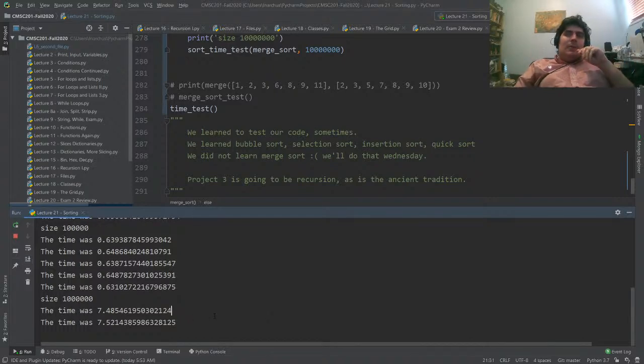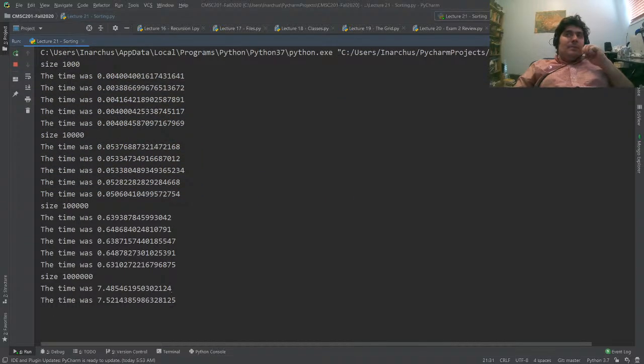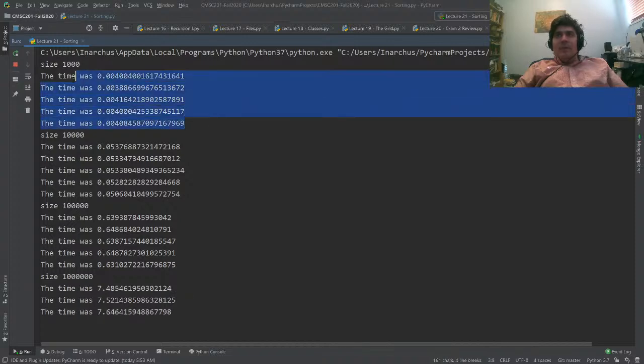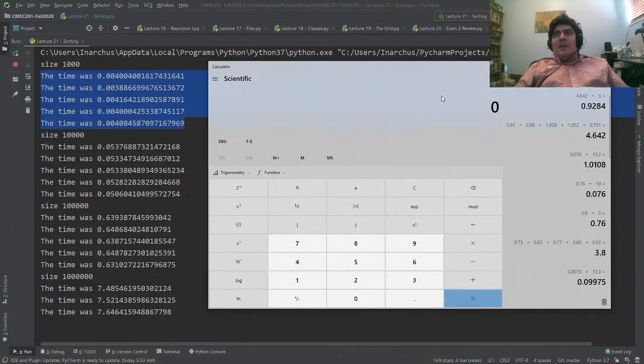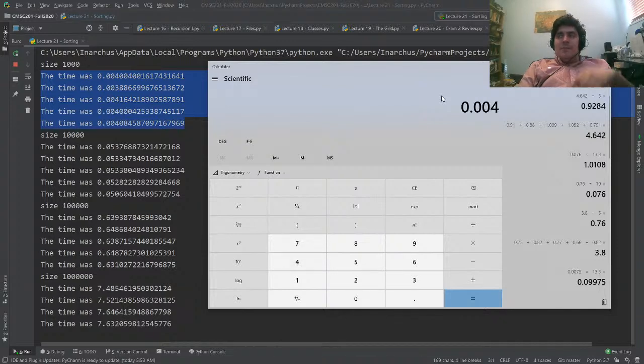So, cool. So let's look at this thing and estimate the running time of this thing. So remember that our multiplier for the running time being O of n log n is approximately 13. So I would say that it's pretty clear that the average here for 1,000 is 0.004 seconds, thereabouts.